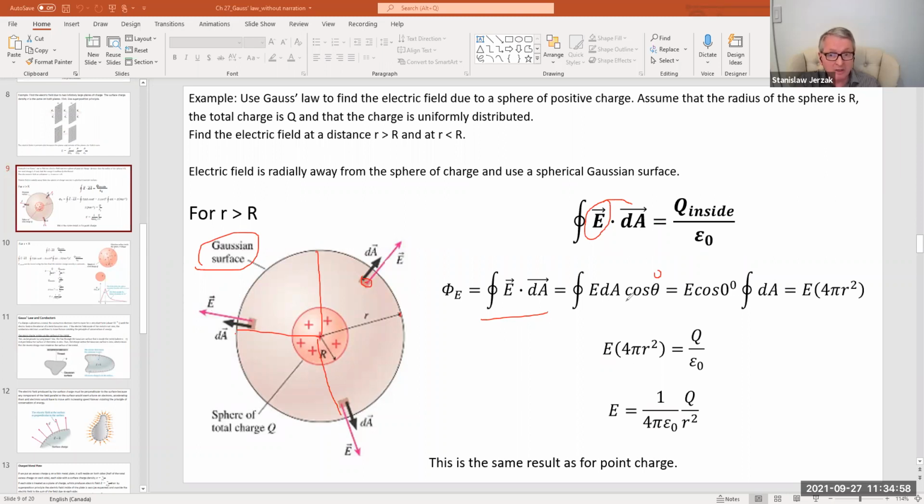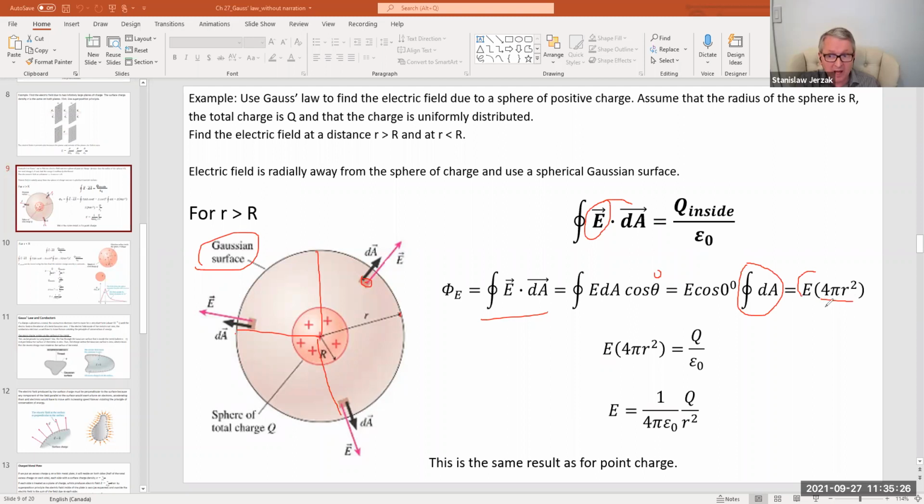Since electric field on the surface of the sphere is the same, I can take E and cosine 0 in front of the integral, and then I have to evaluate integral dA, which is the total area of the surface, 4 pi r squared, the surface area of the sphere.